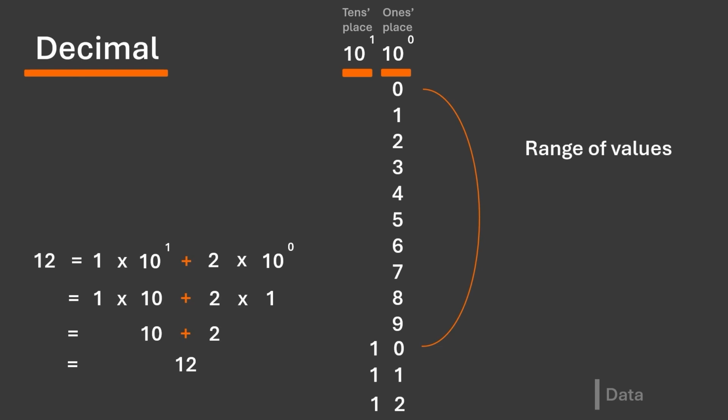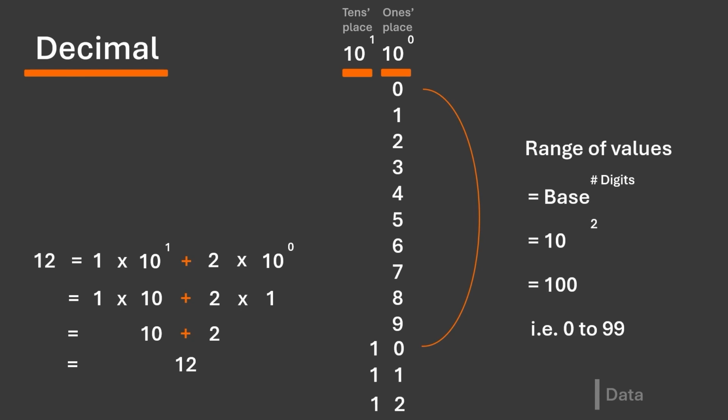For example, with 2 decimal digits, we can represent 100 unique numeric values from 0 to 99. And we get 100 for the range of values by taking the base and raising it by the number of digits. So the base is 10, and we want to find the range of values in a 2-digit number, which gives us 100.